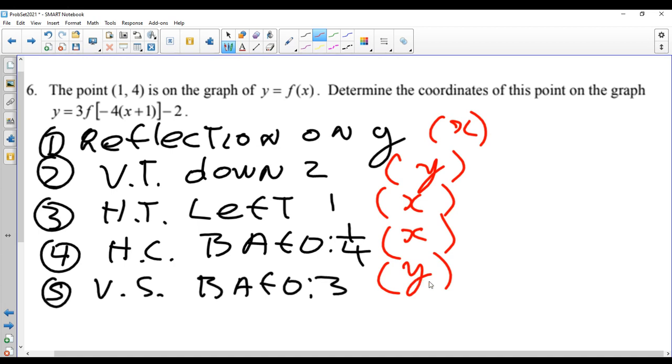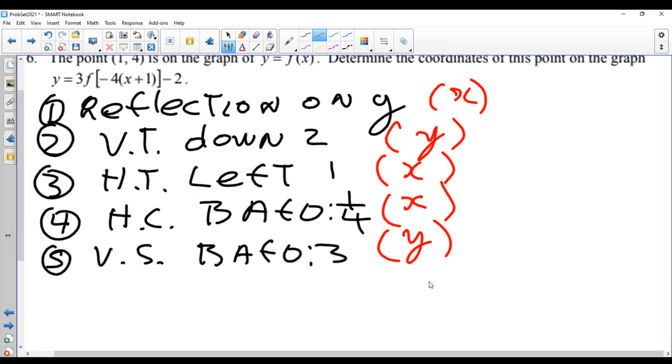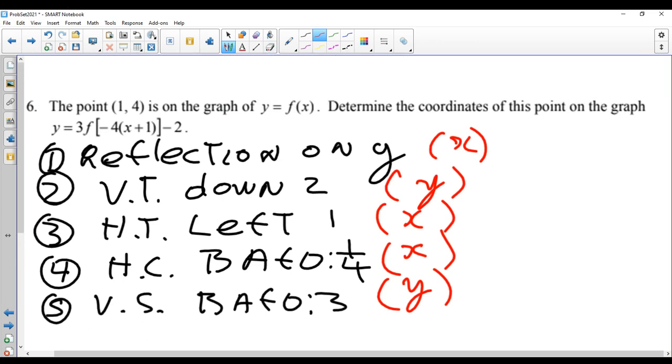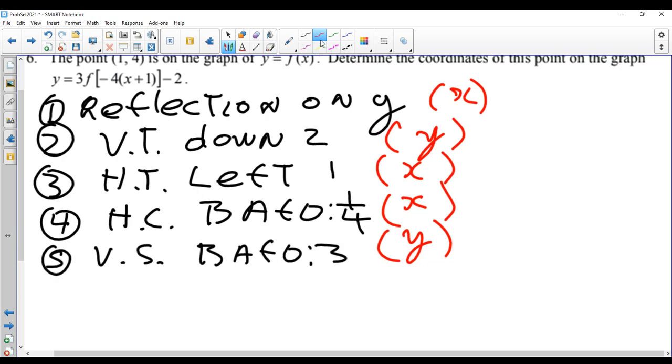So we're going to focus on the x's. Let's do it in stages here. We started off with 1. We're going to multiply that by -1. Then we're going to multiply that by 1 over 4. We're going to multiply by -1 over 4. And then we are going to subtract 1 from that.